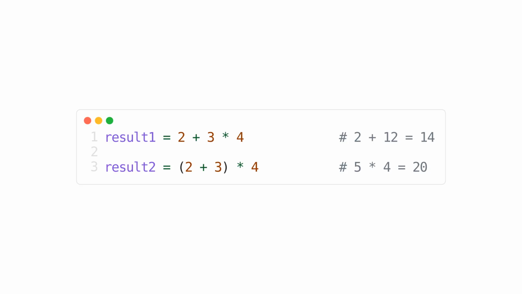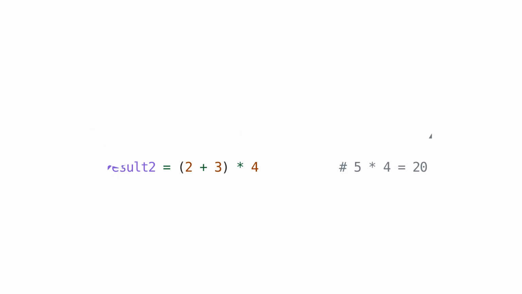Without parentheses, we get 2 plus 3 times 4 equals 14, because multiplication happens first. But with parentheses around 2 plus 3, we force the addition first. 2 plus 3 equals 5, then 5 times 4 equals 20. Same numbers, different order, completely different result.